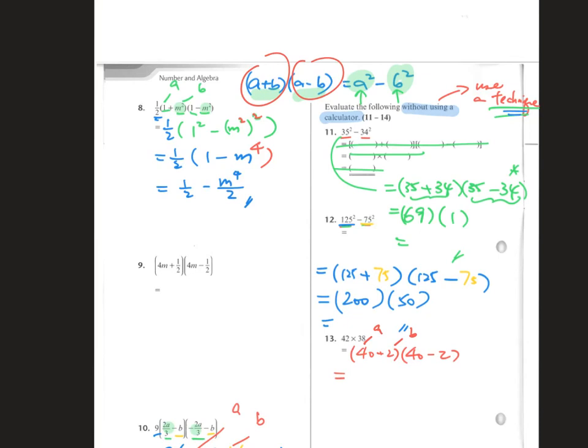So as a result, it goes to 40 squared minus 2 squared. And that's the meaning of you have used the technique to simplify it. If you can do mental, that's very welcome. Else, if you use calculator, the first one is 1600, the second one is 4, and you obtain the answer by yourselves finally.